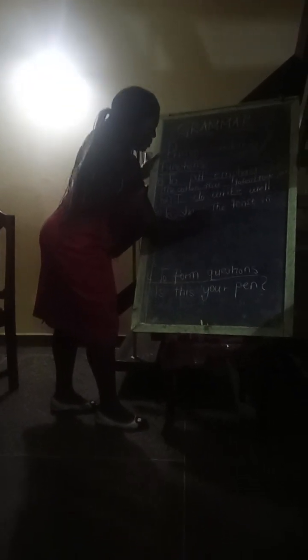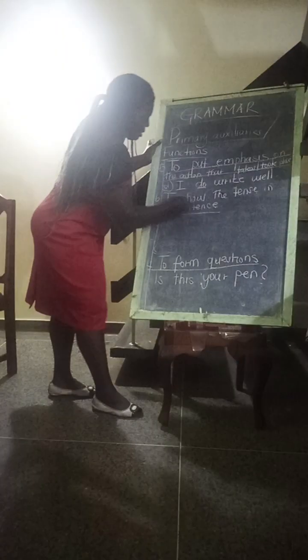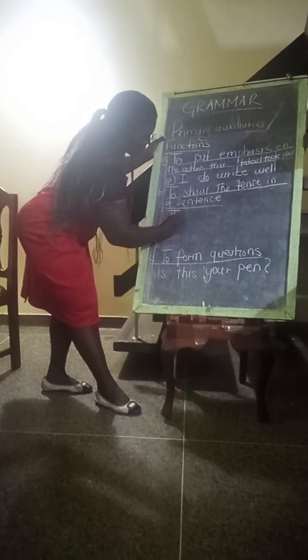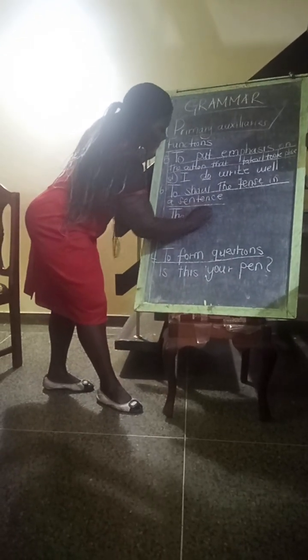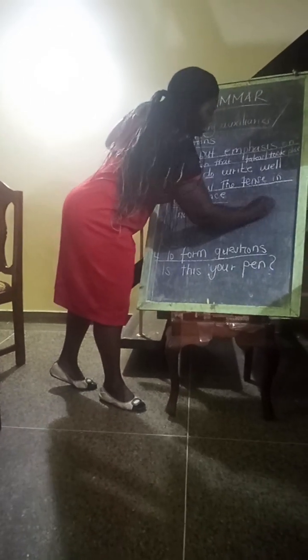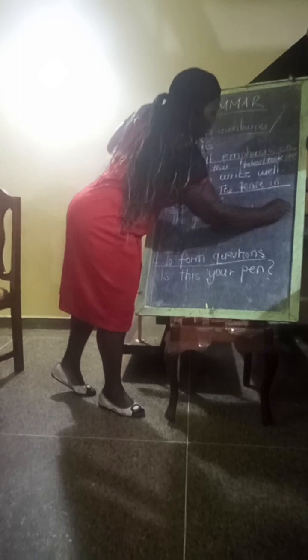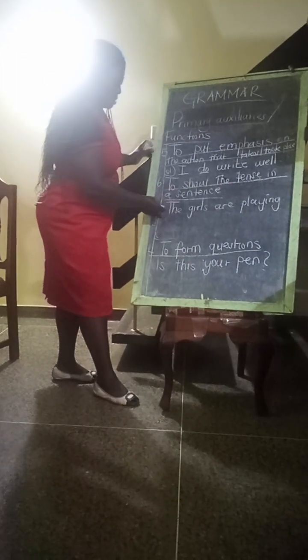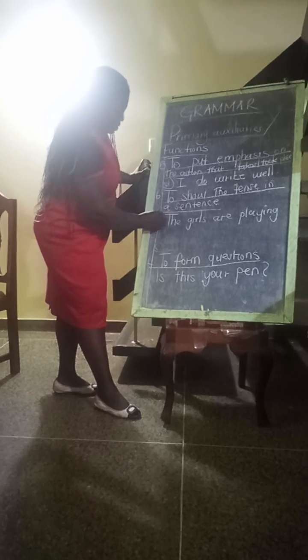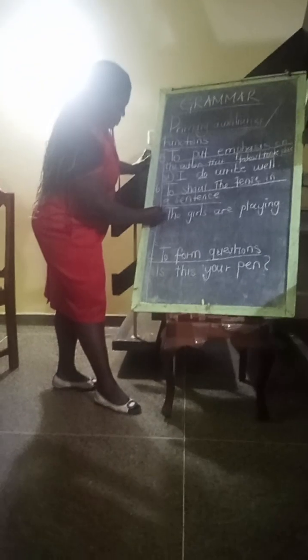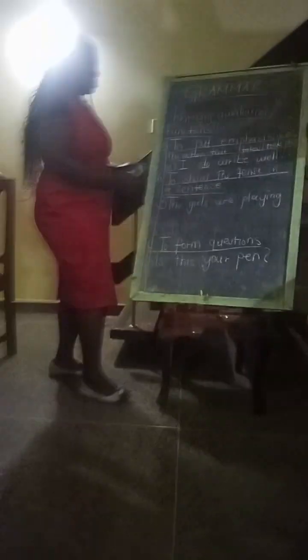For example, we can say the girls are playing. In this case, we have used it to show a continuous tense, which shows that the girls are playing. Even if you were to look at those girls, you would still see them playing.